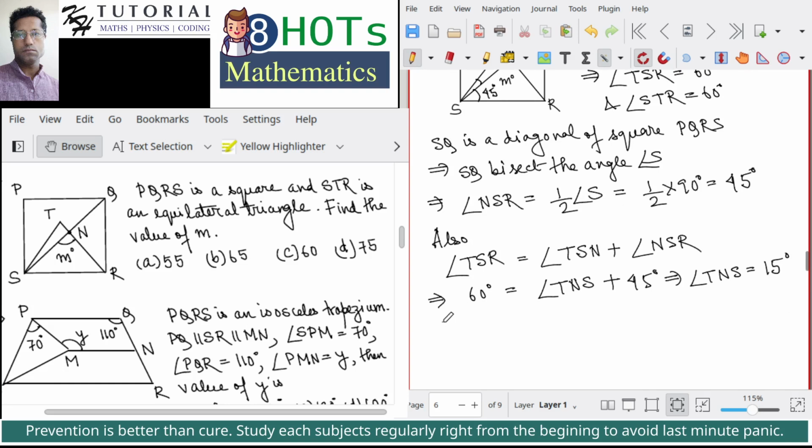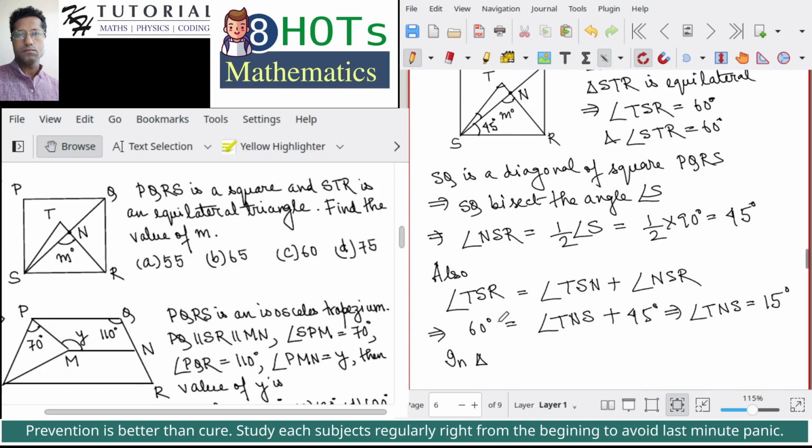Now we can say that in triangle TSN, angle SNR is exterior to the opposite interior angles TSN... wait a second, I think I have done wrong.